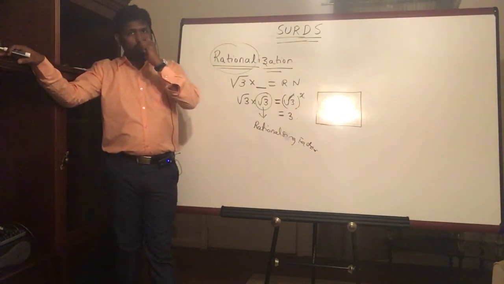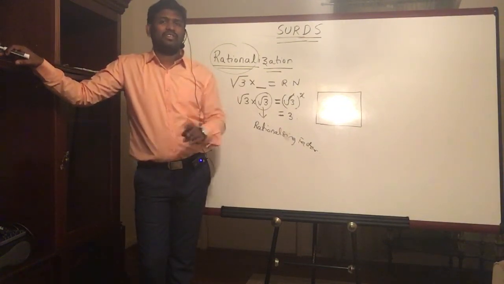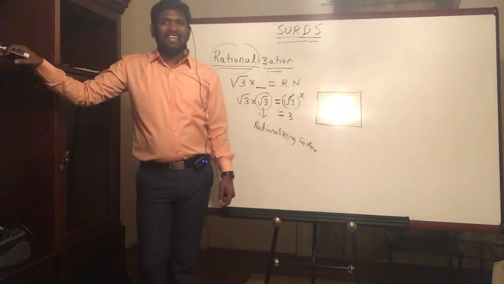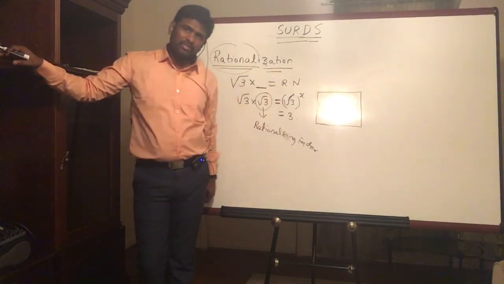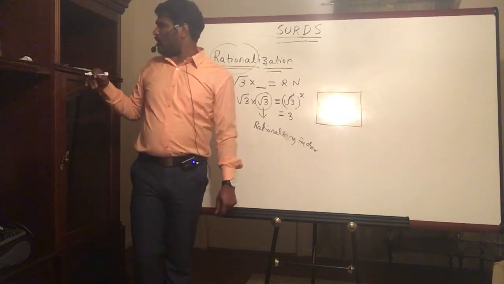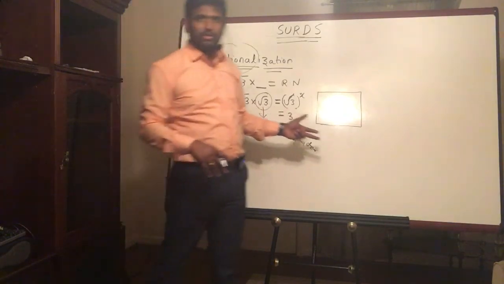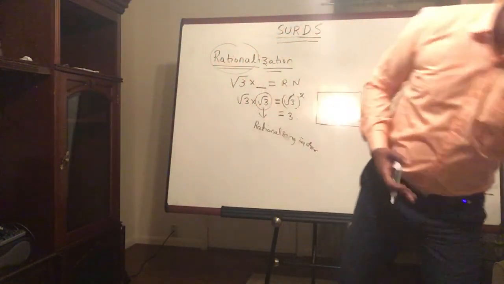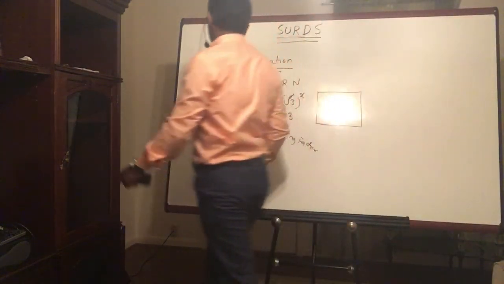So the most important thing you need to know is what is rationalization. Rationalization is the process of converting an irrational number to a rational number by multiplying with another irrational number. So I'll give you one more example so that you can understand rationalization very easily.